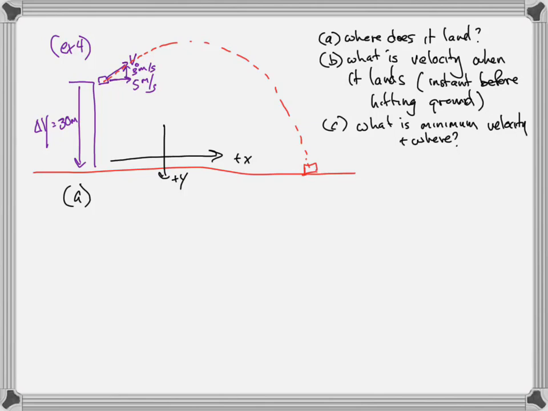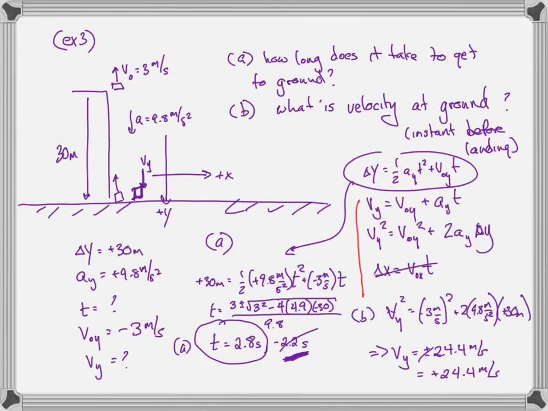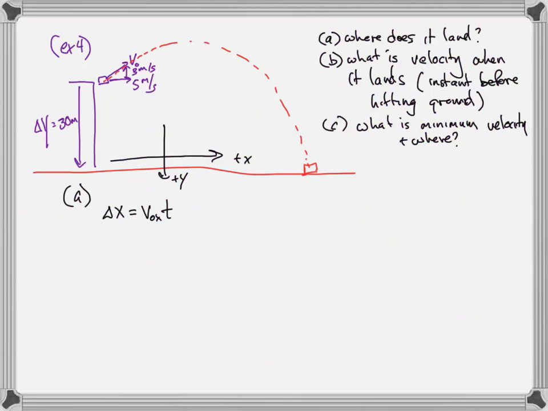So to the right, if I want to know how far it goes in the x direction, delta x is v0x t. We can write down the 3 equations, but we already solved those equations here for various variables. And so delta x is equal to v0x, which I should have written down, is positive 5 meters per second.